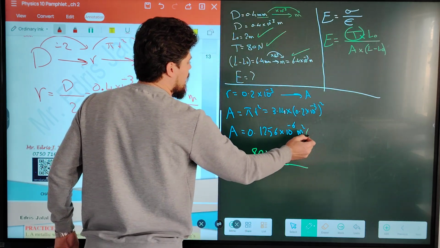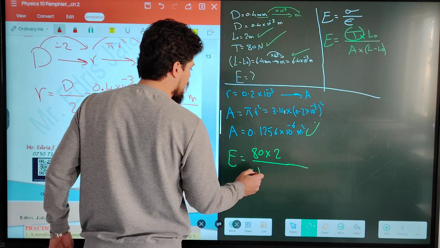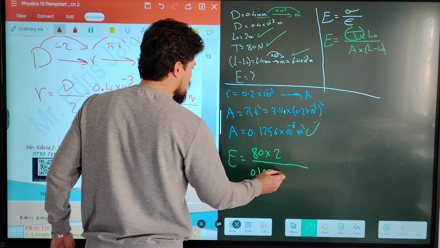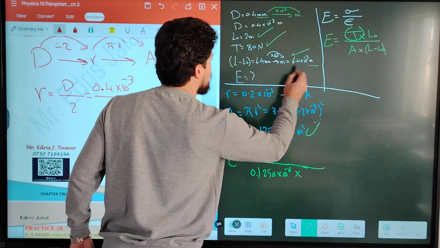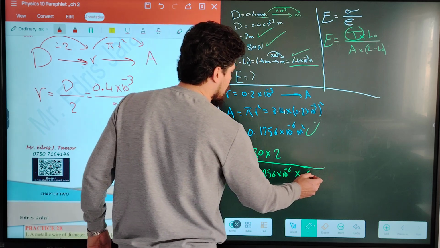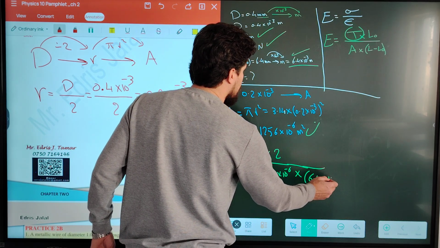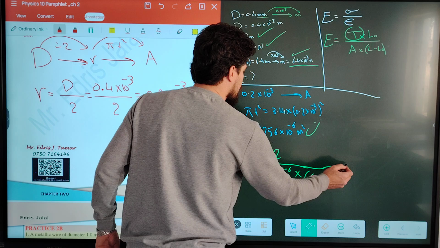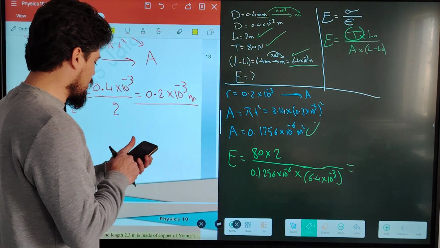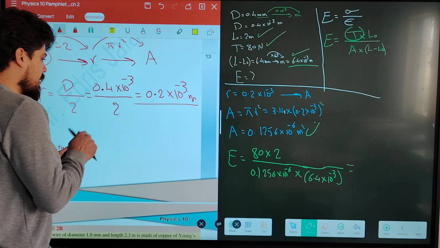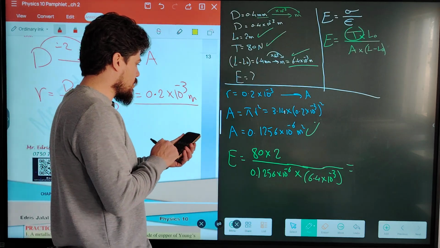We didn't have, but we found 0.1256 times 10 power negative 6, times elongation. Do we have elongation? Yes. After converted to meter, 6.4 times 10 power negative 3. So by calculating, you can get the amount of Young's modulus, which is equal to.